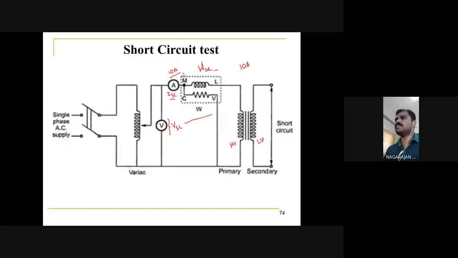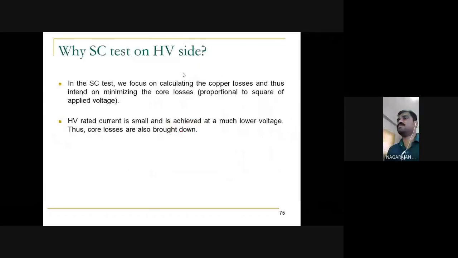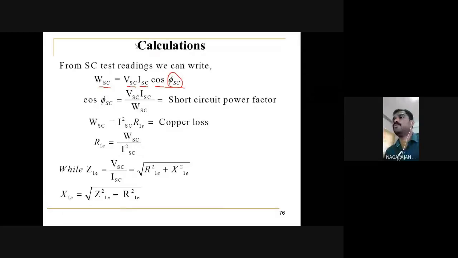So cos phi SC is the short circuit power factor, which is assumed to be the full load power factor of the transformer. In the open circuit test, we consider it as the no load power factor, and in the short circuit test, we consider it as the full load power factor.